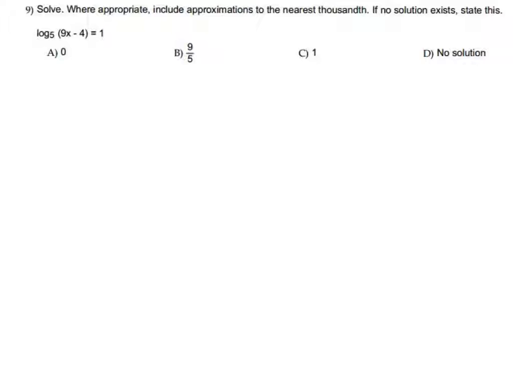All right. So that being said, let's rewrite it the way I would have liked to see it. Log base 5 of 9x minus 4 equals 1. Solve. All right. How do you get rid of a log base 5? Logs and exponents are inverses.